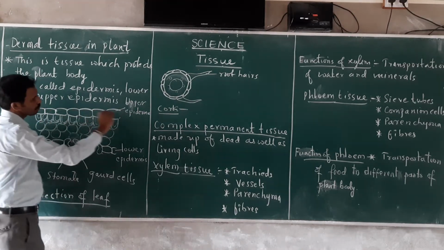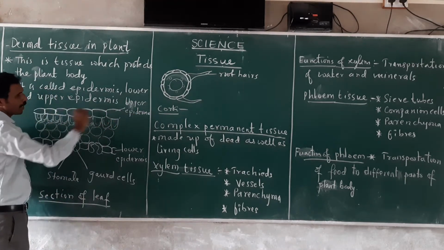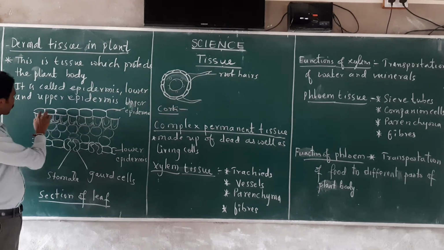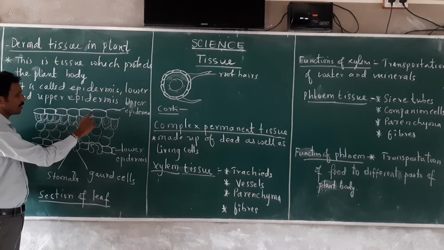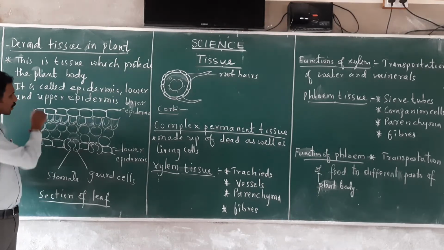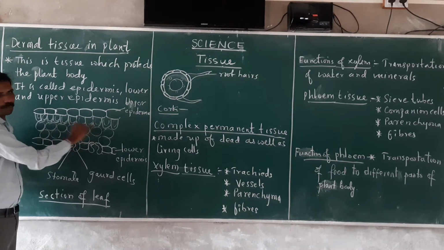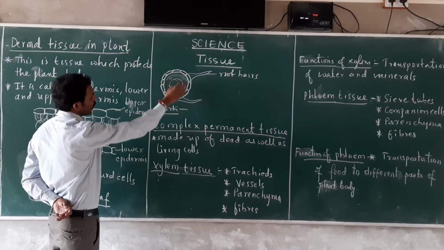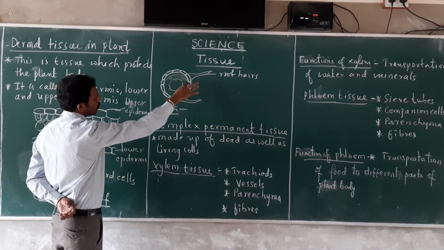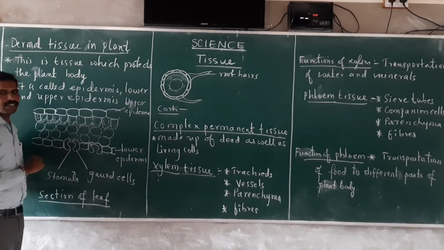On the upper epidermis, there are barrel shaped cells, these shaped cells. They actually protect the inner cells present in the leaf, or if it is a root or stem, it will also protect inner cells. This is epidermis. Like this they protect.